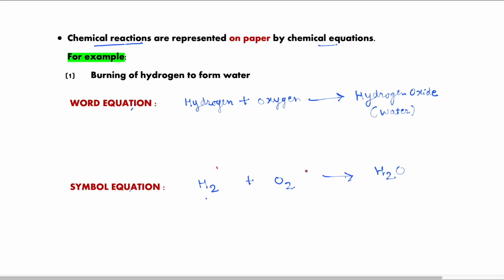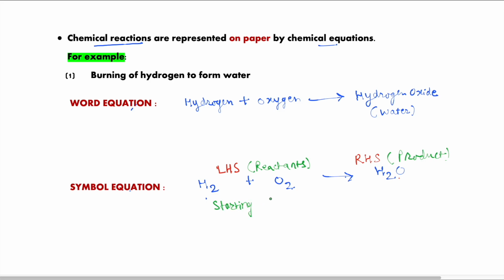So, the formulas on the left hand side of this arrow are known as the reactants, and the formulas on the right hand side of this arrow are known as the products. We can say that the formulas on the left side of the arrow represent the starting substances.